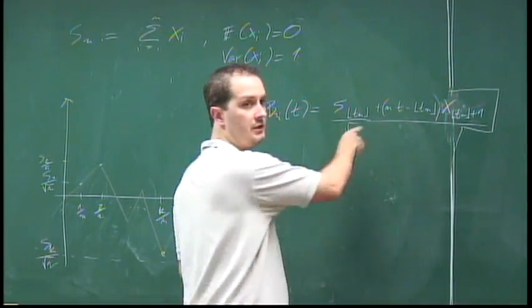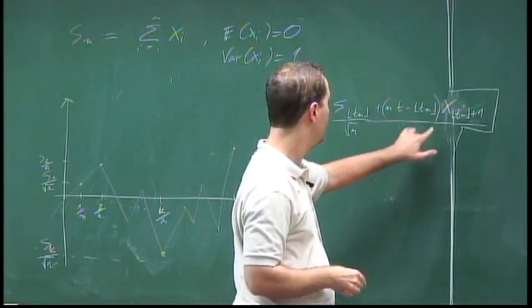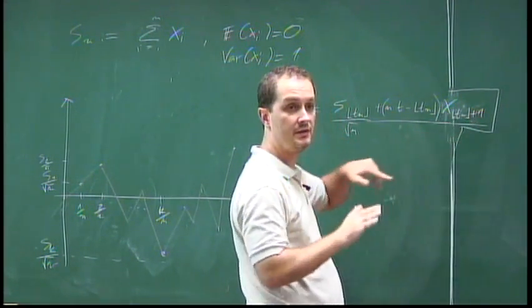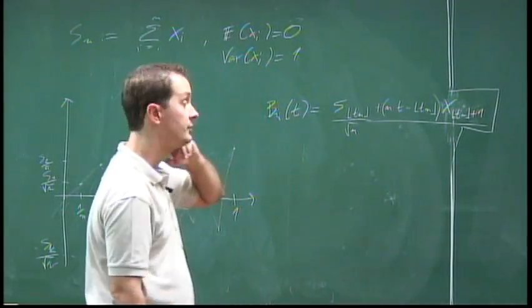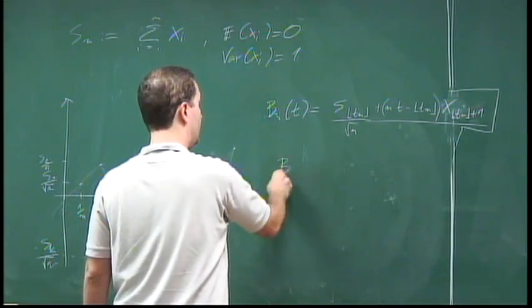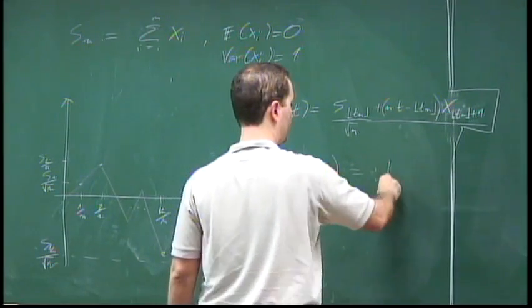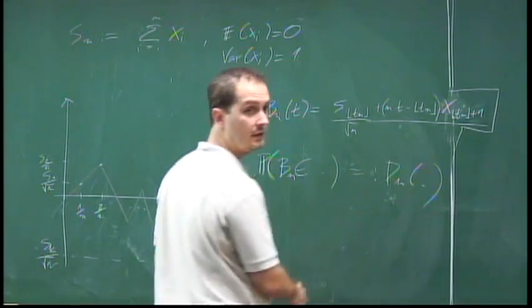Right, so this is what this linear interpolation looks like. You take the sum up to tn rounded below, and you take a remaining part, which is just the next term. That's it. When you move t. So each V_n is a random element in this space, so you can define a probability measure convergence.